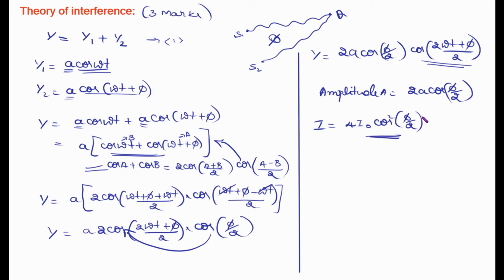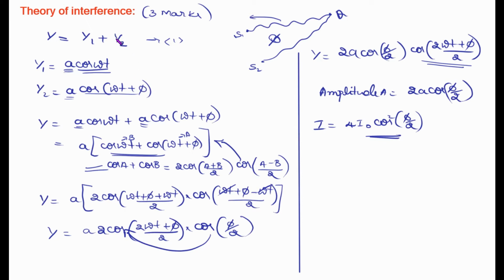So this much you have to write. If they ask you to explain, or to write about the theory of interference, you have to write from the principle of superposition. We have y is equal to y1 plus y2. Here y1 is the displacement produced by the first wave, which is a cos omega t, and y2 is a cos of omega t plus pi.